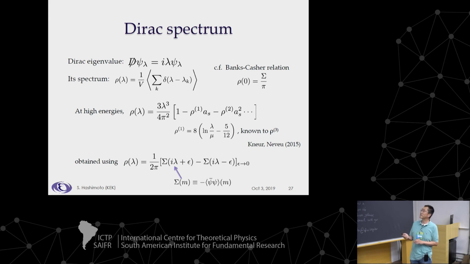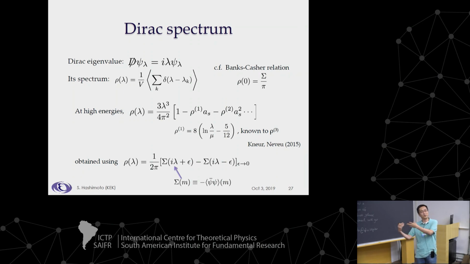You can think about the spectrum of the eigenvalue lambda, and if you average over the gauge field, then we get the spectral function of the eigenvalue. That is my definition of the Dirac spectrum.